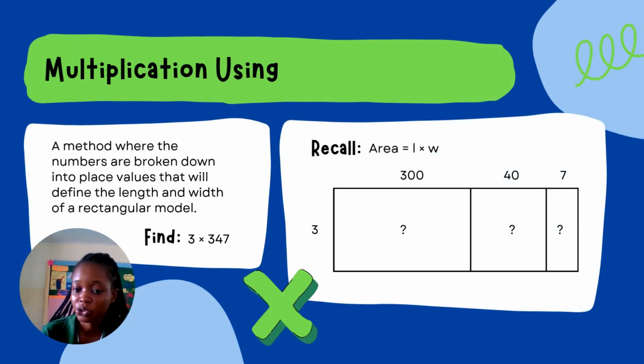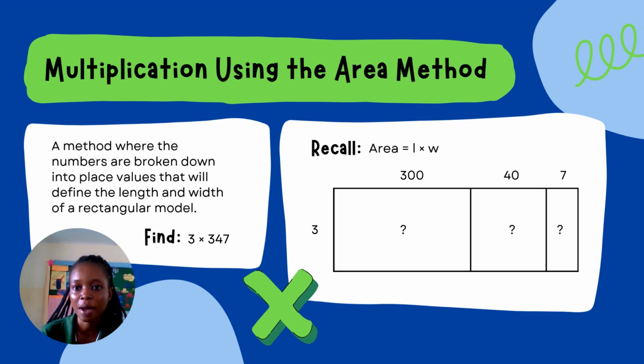The best method to use to solve a question like this is multiplication, because we are talking about finding the total for a lot of numbers. Now we are going to be using the area model to do this multiplication.